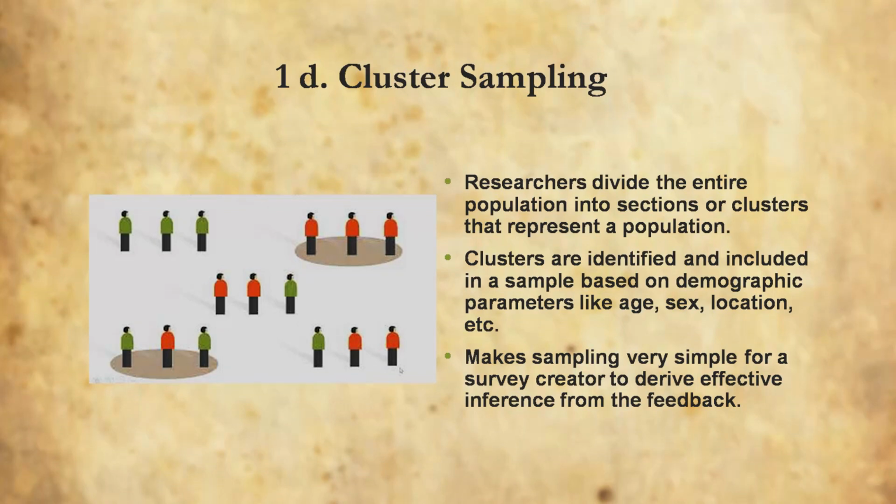So let's come to an example. We talked about stratification, where the researcher divides the population into different strata on the basis of the purpose of the research and the aims of the study.